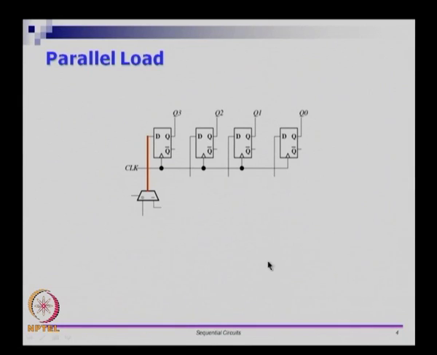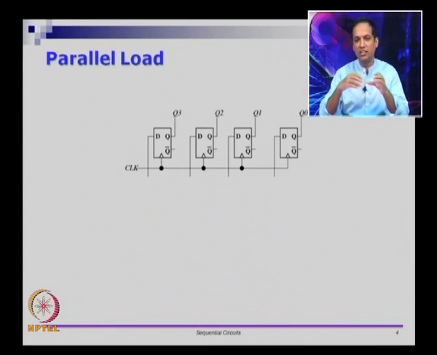Remember, now I either want to take something from the external world or I want to keep the old value. Whenever you have a condition like this, where you either want something to be stored or something else to be stored, or in general an if then else kind of condition, you should think about a mux immediately. So we have either this or that.